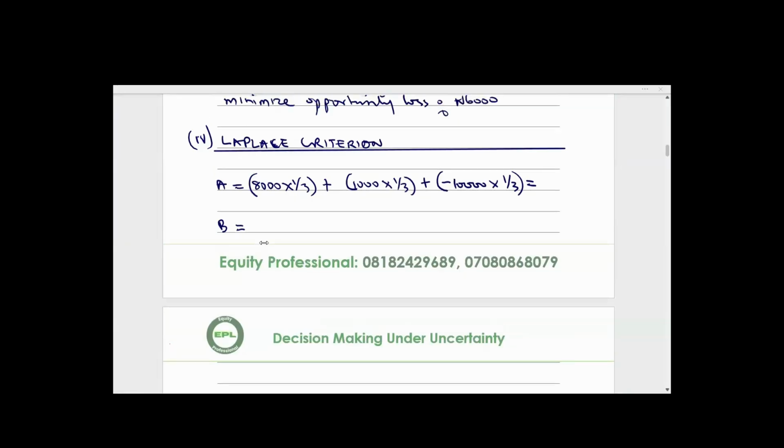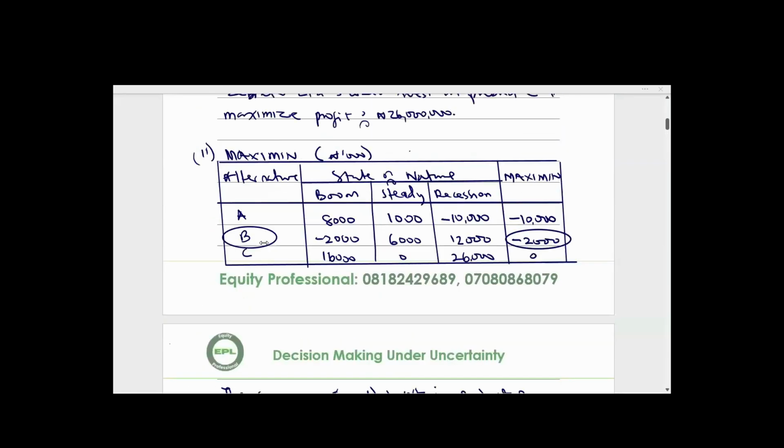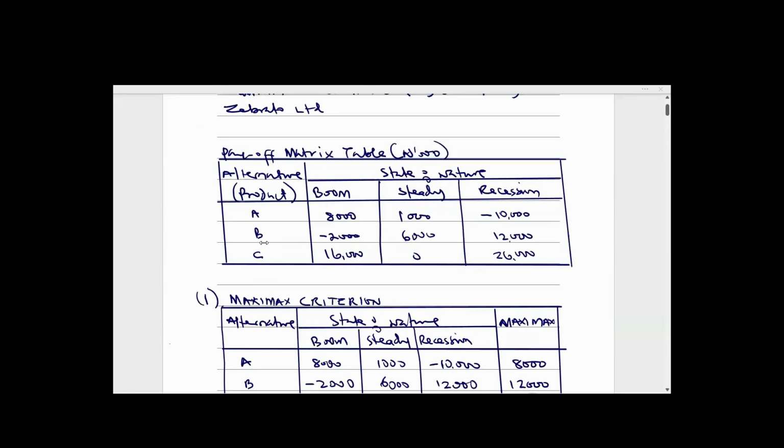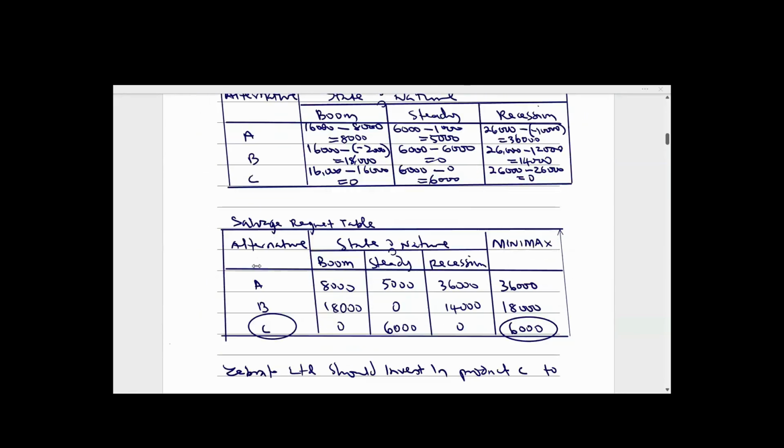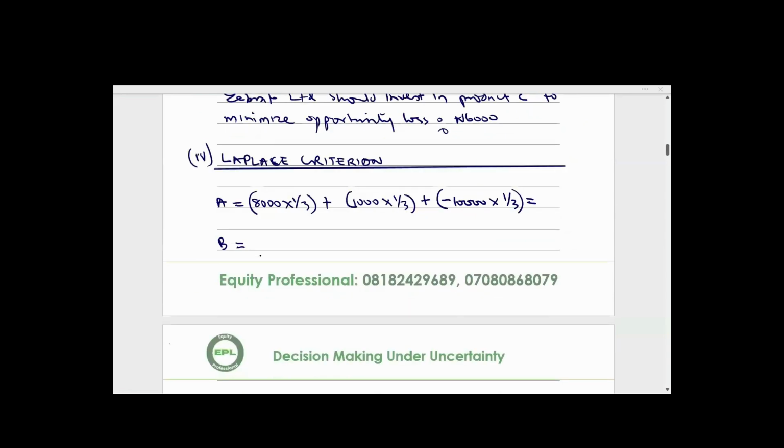For alternative B, I will go back to the payoff matrix table. For alternative B, we have minus 2,000, 6,000, then 12,000. So minus 2,000 multiplied by probability of 1/3, plus 6,000 multiplied by 1/3, plus under recession 12,000 multiplied by 1/3.